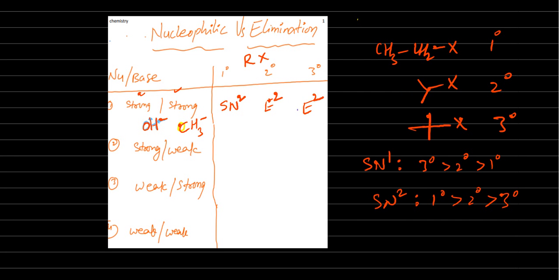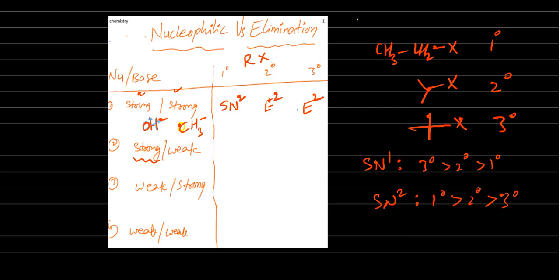So the conclusion is, if a stronger base and stronger nucleophile is there, either SN2 or E2. If primary, obviously SN2. If secondary or tertiary, more chances of E2 elimination. There is no E1 elimination.